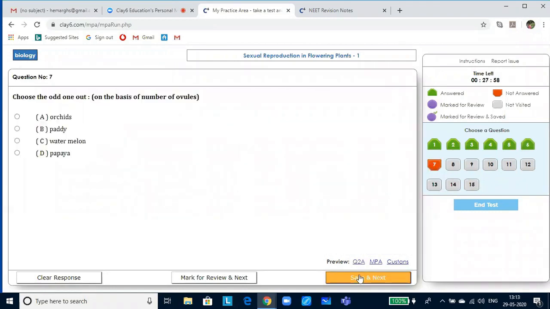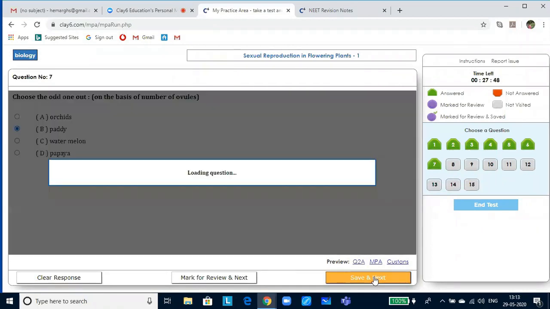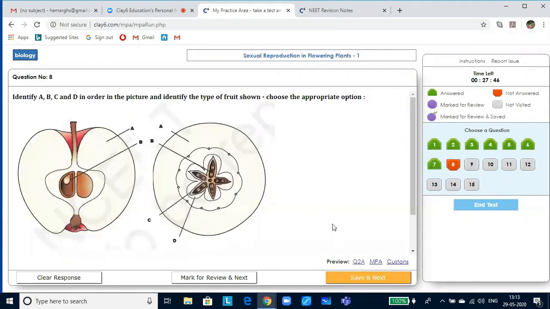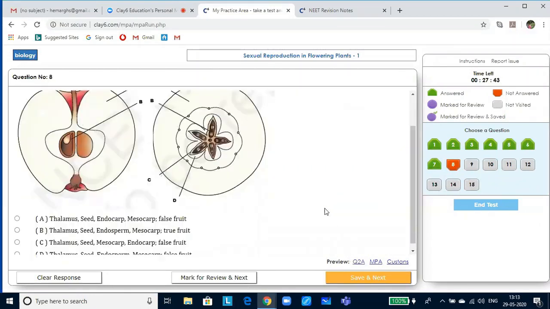Choose the odd one out on the basis of number of ovules. So it is paddy because it is 1. The others are all multicarpellary. Now in the figure, identify the parts shown here. So what is A?